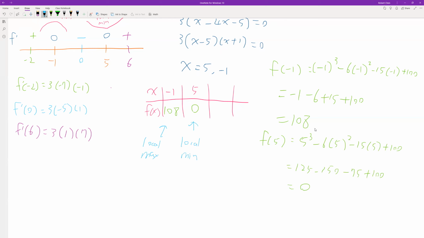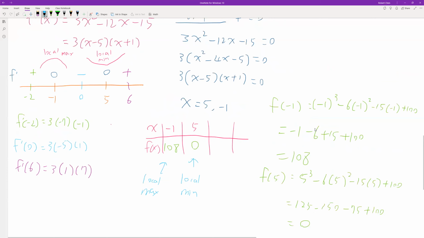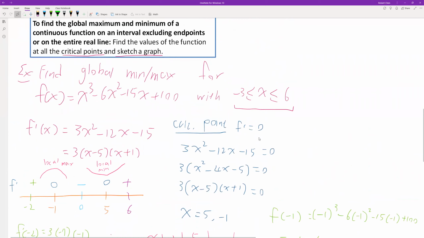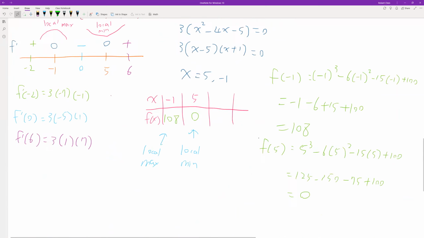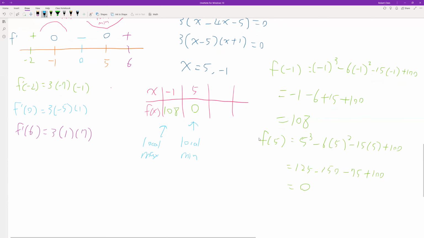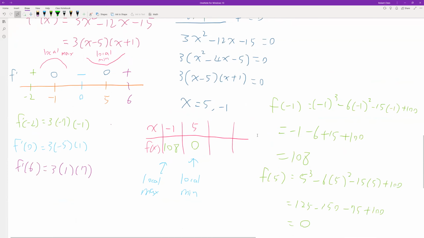Okay. Now, in order to find the global max and min, we have to include the function value at the endpoints. We have to find the function value at x equal to -3 and 6 because these are the endpoints. So let's include the endpoints, -3 and 6.